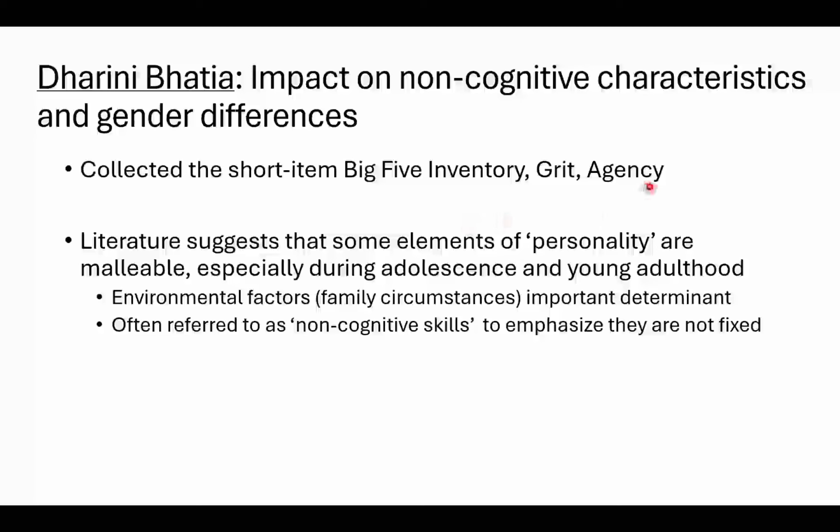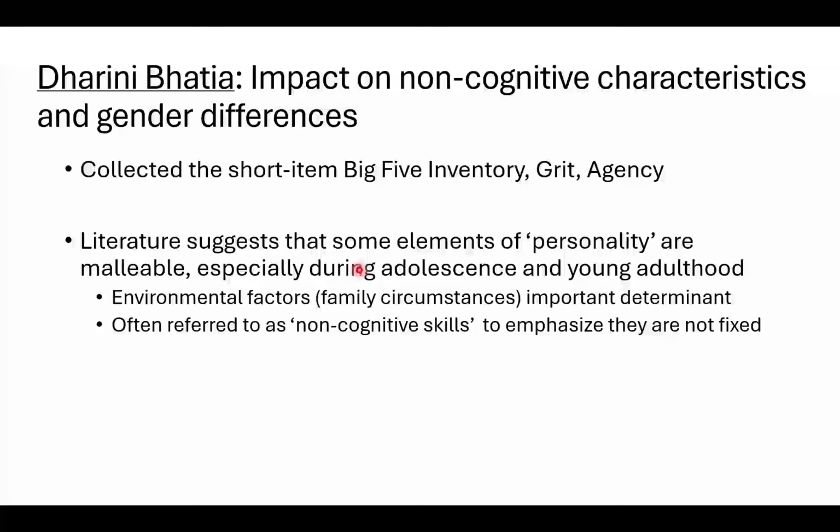We also have grit and agency, other measures like locus of control, but we really focus on the Big Five because there's been nothing done on this in our context and the effects of the cash transfer. Now, why would that even move? There definitely is research suggesting that aspects of personality are malleable, especially during adolescence.